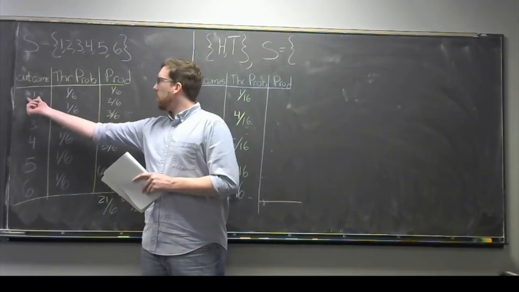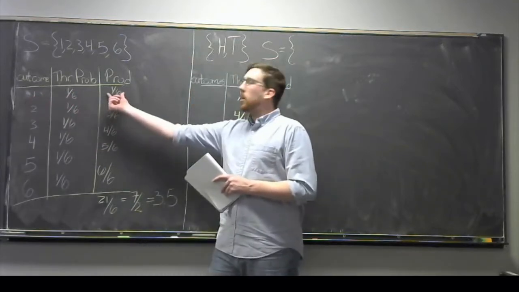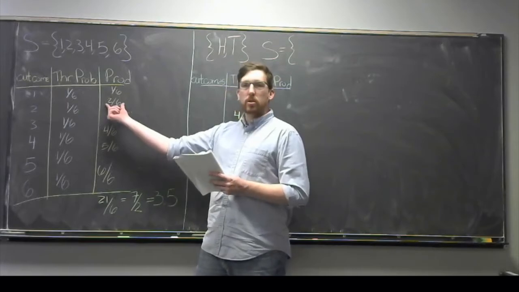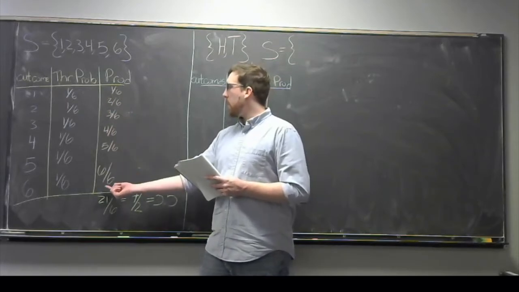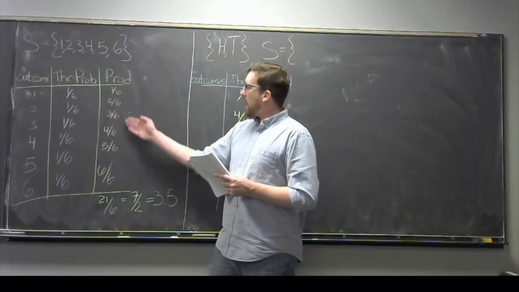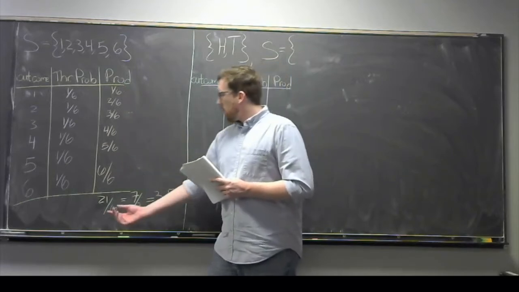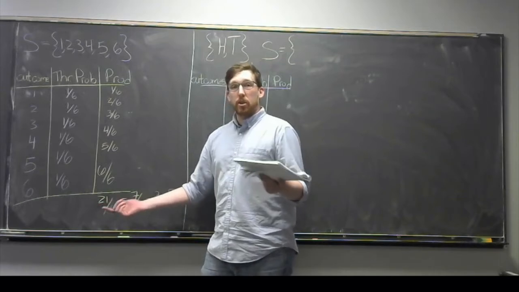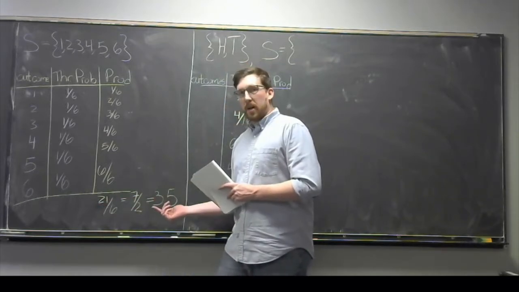So we can multiply 1 and 1/6. We're going to get 1/6. 2 and 1/6, 2/6, so forth and so on all the way down. Then we're going to add all of these up. We're going to find we get an expected value of 21/6, or 3.5.